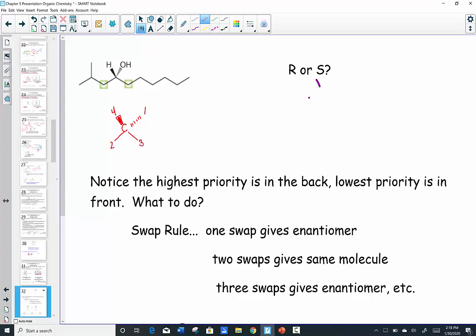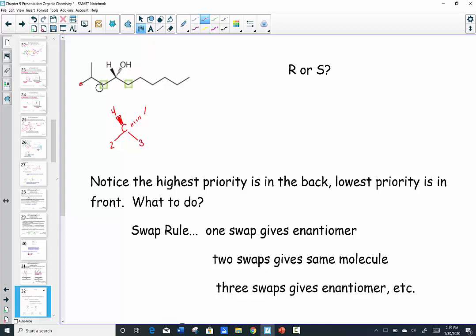So this is the setup of that chiral carbon. Priority 1, hydroxyl group. Priority 4, that was the hydrogen. The next highest would have been this carbon attached to an isopropyl group here, right? And then over here we had a straight chain, so that was the 3rd priority. So do you see what we have in terms of our representation of 1, 2, and 3?